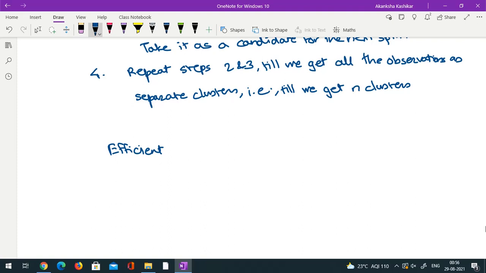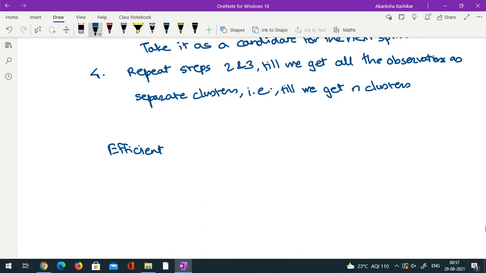The problem with respect to computing as far as hierarchical agglomerative clustering is concerned is that at every step you need to deal with big distance matrices and you need to find out the smallest entry in them, etc. Okay, because at the first step you have n cross n, then you have n minus 1 cross n minus 1, n minus 2 cross n minus 2, and so on.